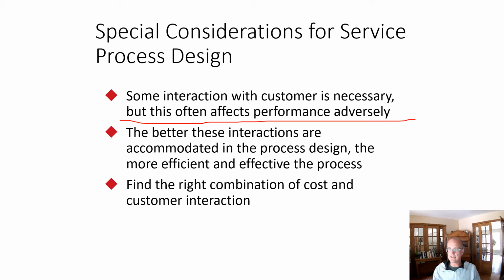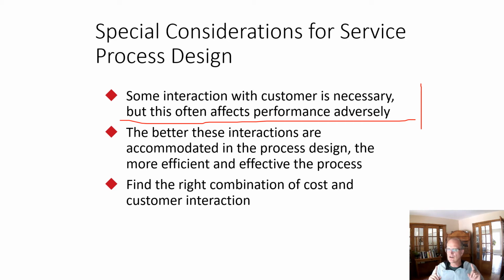We've all been behind that person in the line at the grocery store that has 17 coupons, and there's absolutely nothing the store can do about the fact that I'm stuck behind that person. So we have to build that in, and we have to understand it, and we have to account for it. The better these interactions are accommodated in the process design, the more efficient and effective the process.